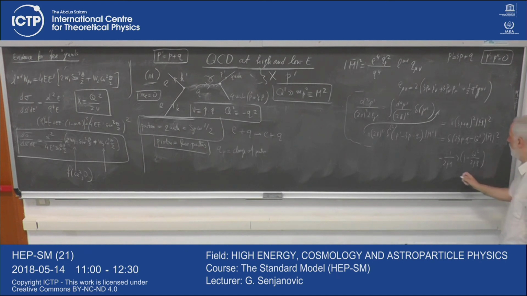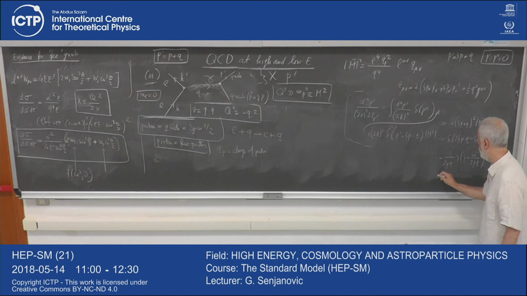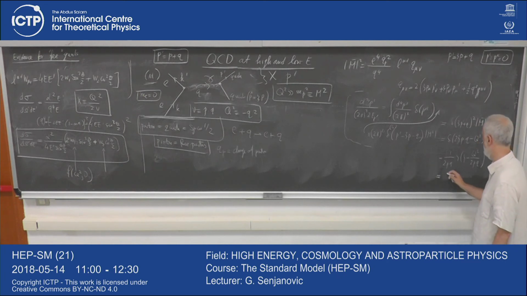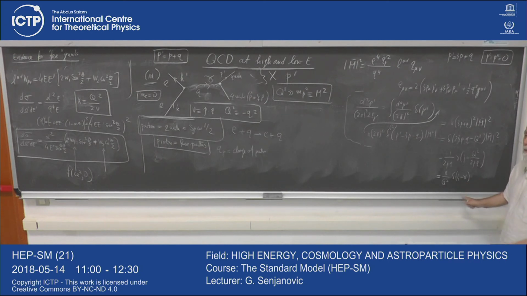So we got here, I can also write this as x over q square. It's the same thing because of the delta function. Delta of C minus x. We learned something interesting, that this interesting variable is just the fraction of the momentum that the quark is carrying when it's scattered.